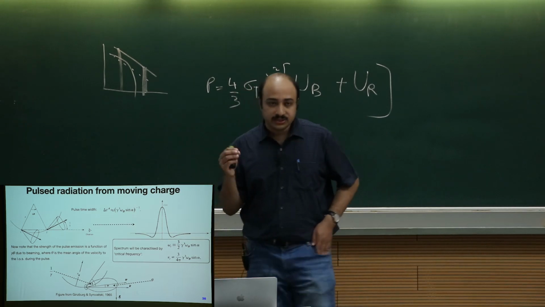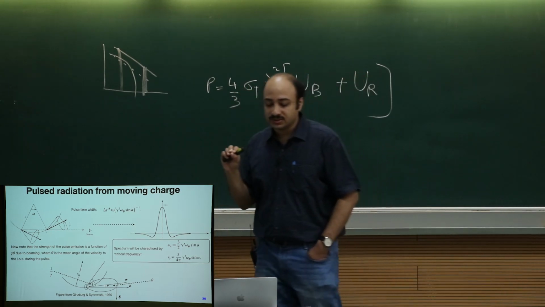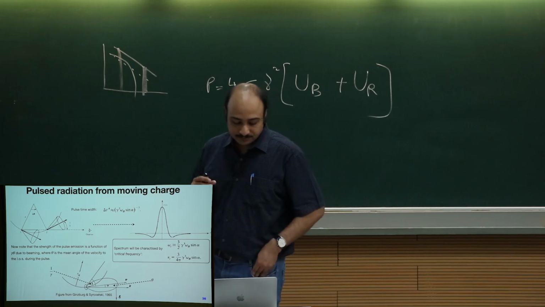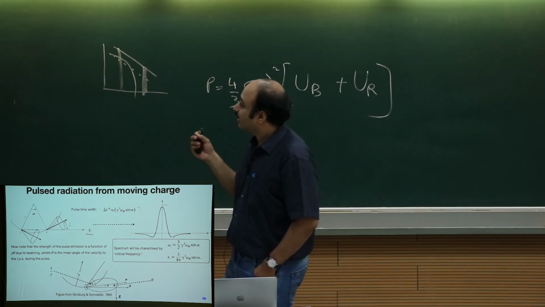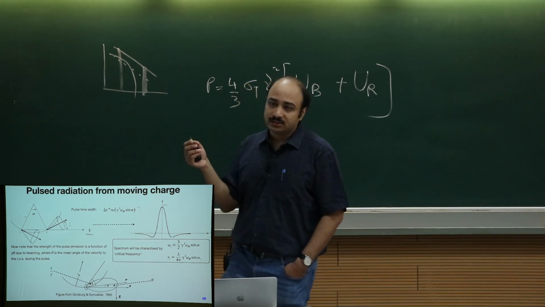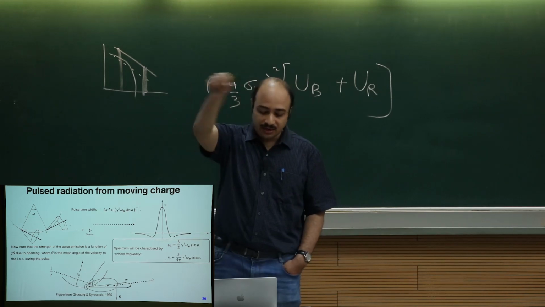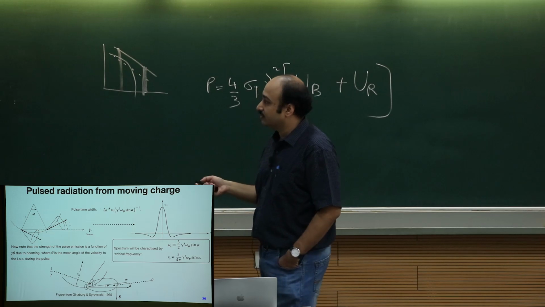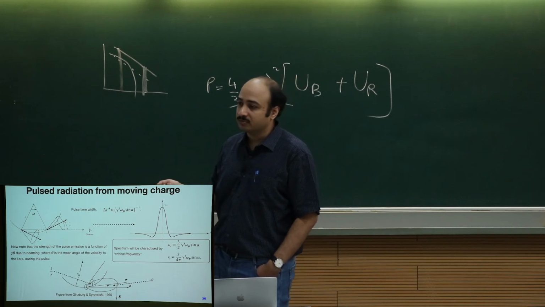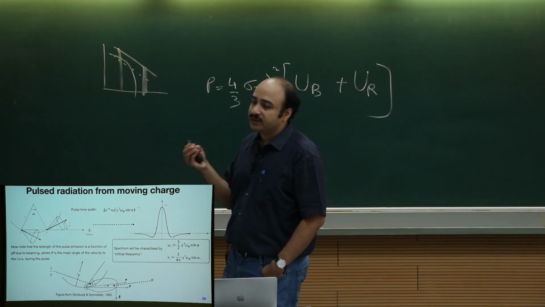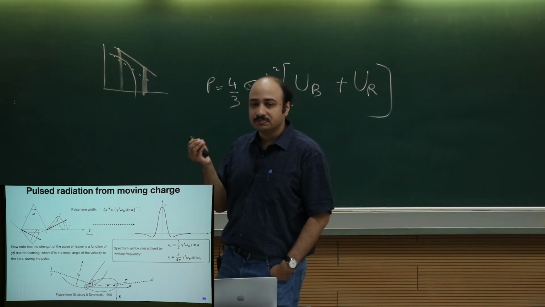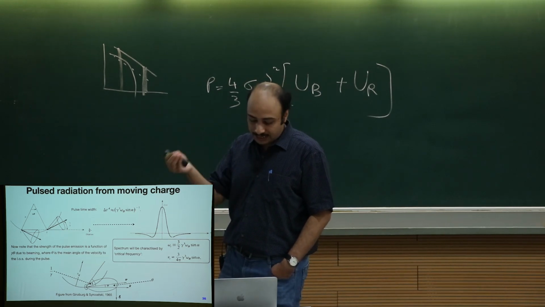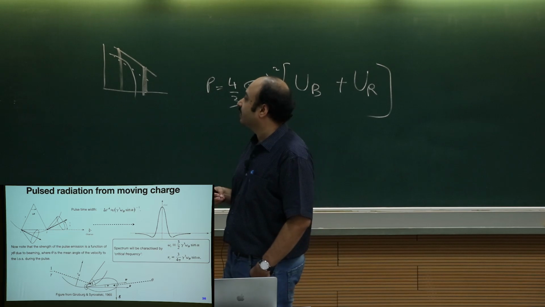Now, we are slowly inching towards understanding what synchrotron radiation is. These are charges moving at relativistic speeds around a magnetic field line. I will not derive synchrotron radiation, of course, because it's extremely complicated, but I'll give you some brief idea of what this implies and what type of emission is happening here.